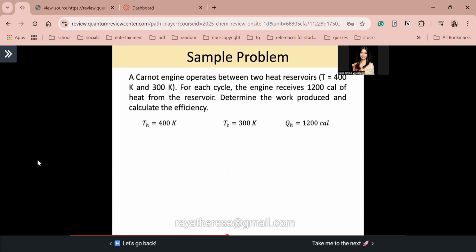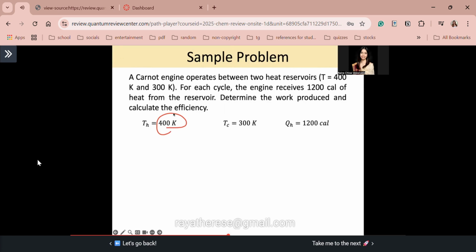Now let's solve the sample problem. A Carnot engine operates between two heat reservoirs. So we have T is equal to 400 K for one reservoir and T is equal to 300 K for another reservoir. For each cycle, the engine receives 1,200 calories of heat from the reservoir. Determine the work produced and calculate the efficiency. So here, guys, yung TH natin is basically the temperature from the heat reservoir, okay?